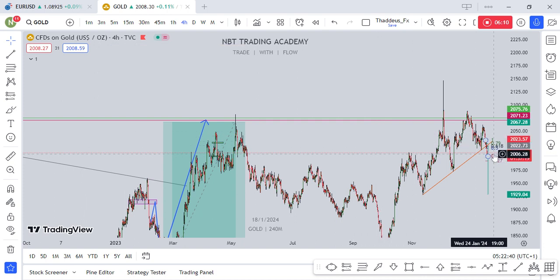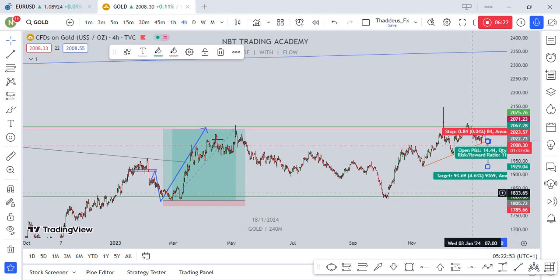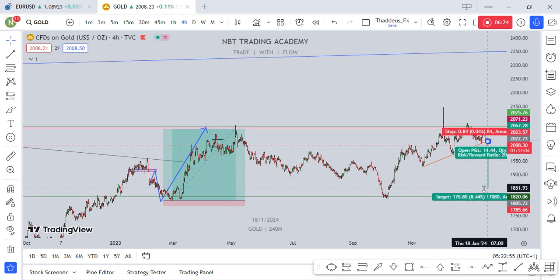Not too much talk. So now we have gotten our point of entry. Very simple. Now we're going to be anticipating 1900 first, and eventually 1800. So once it breaks here, we're going to take out our positions, then enter again to ride those down.